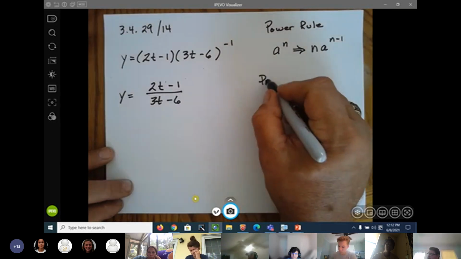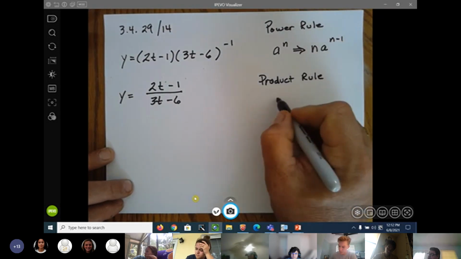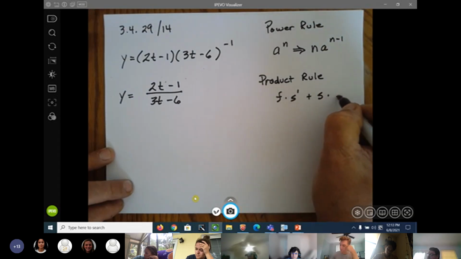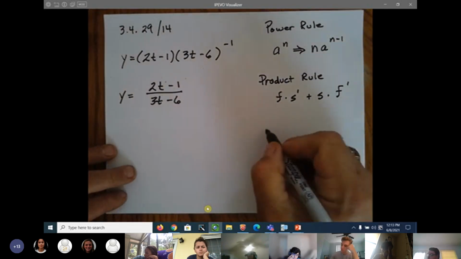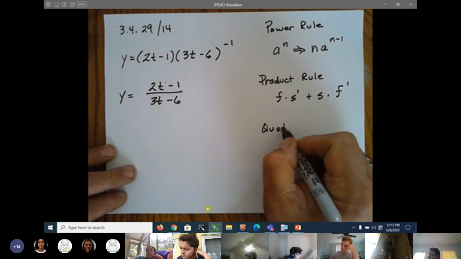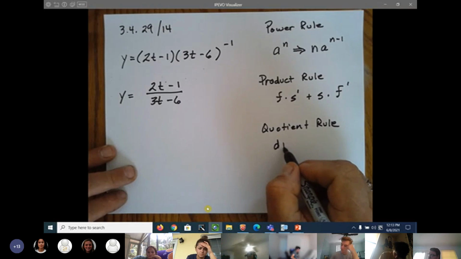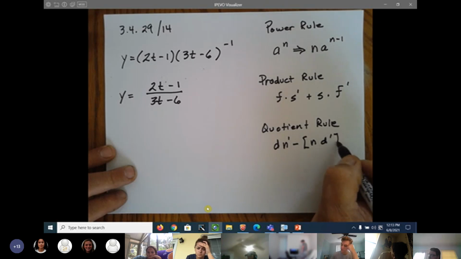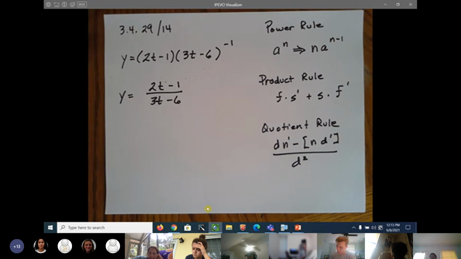The product rule is first times the derivative of the second plus the second times the derivative of the first. And the quotient rule is denominator times numerator prime minus the numerator times the denominator prime, over denominator squared. So those are the 3 rules.